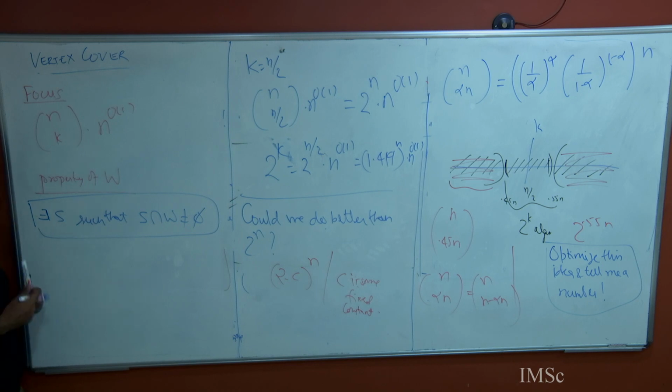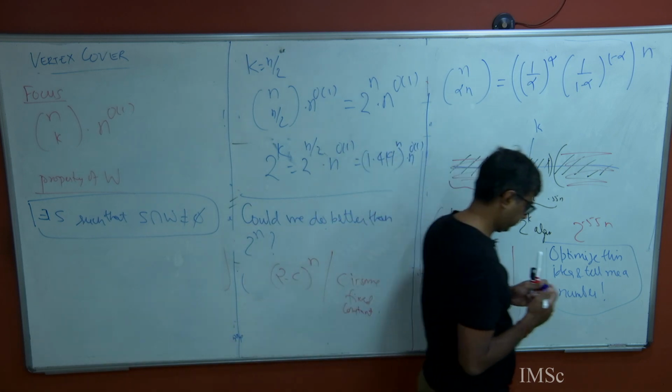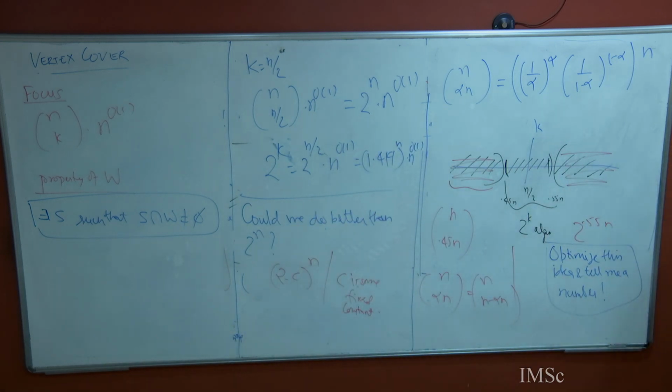I want an even better W. I said I want to say that in fact I can find a W such that all we guarantee is that S intersection W is 1. What would be a strengthening of this lemma? What could be an even more ideal situation? It's more than 1.